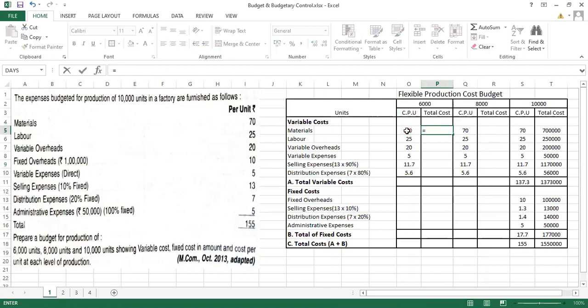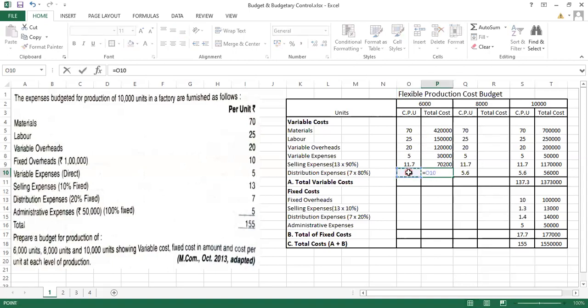70 into 6,000. 5 into 6,000. 20 into 6,000, 1,20,000. 5 into 6,000, 30,000. 11.7 into 6,000, 70,200.